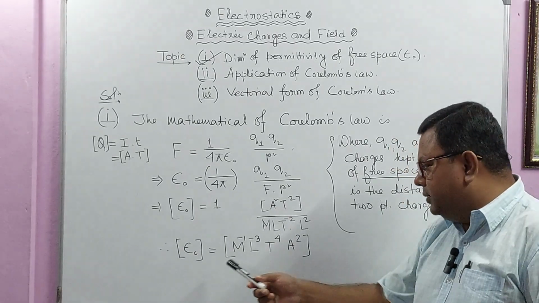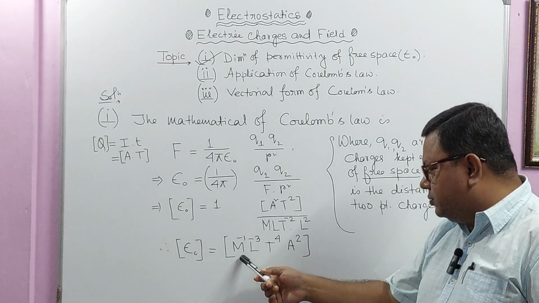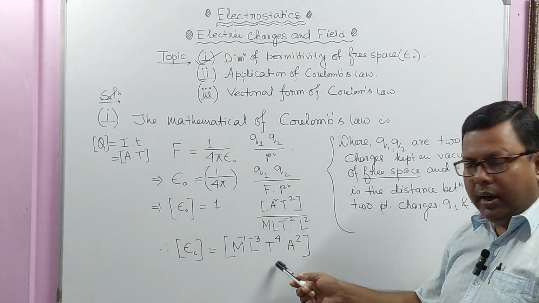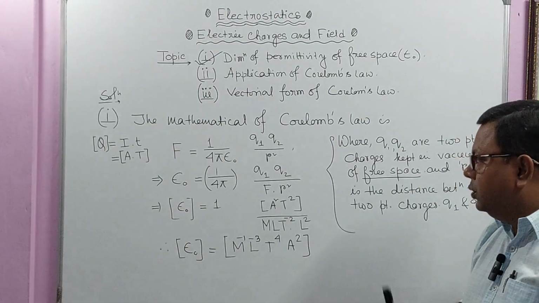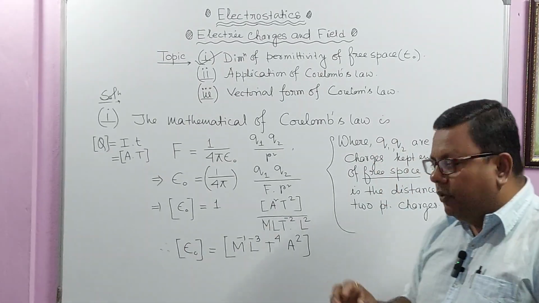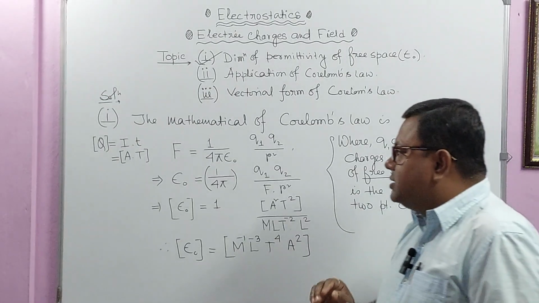For any medium, the dimension of permittivity will be like this: M to the power minus 1, L to the power minus 3, T to the power 4, and A to the power 2. So this is the dimension of permittivity, which is very, very important for examination perspective. Many times it is asked in the CBSE examination.